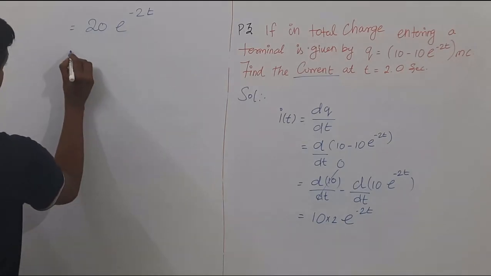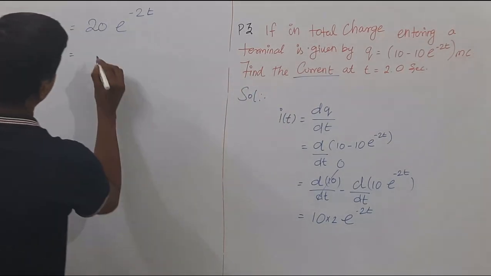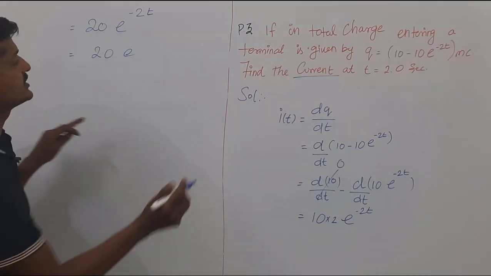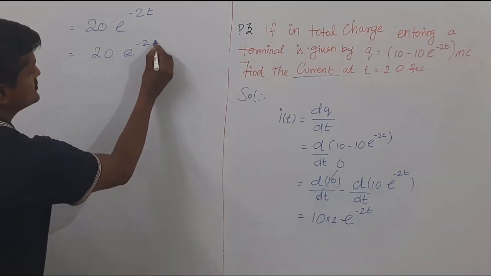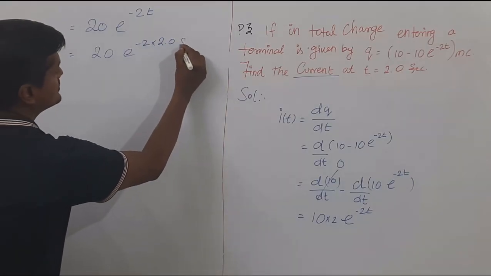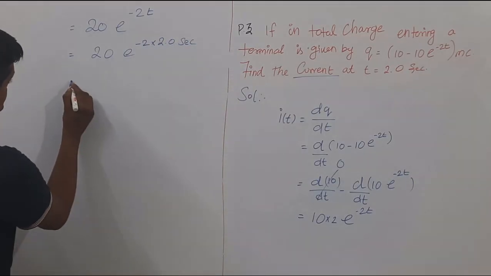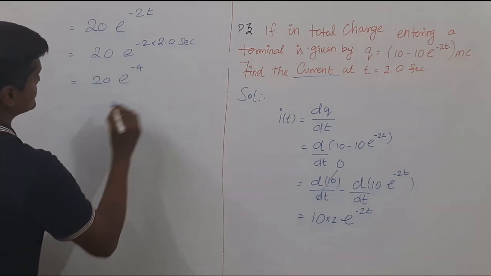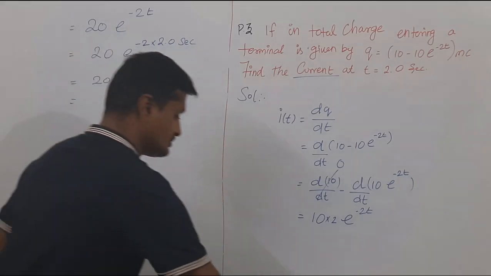So what is the value of t? T is equal to 2.0. So 20 e power minus 2 into 2.0 seconds, so 20 e power minus 4. Then you will get the value.